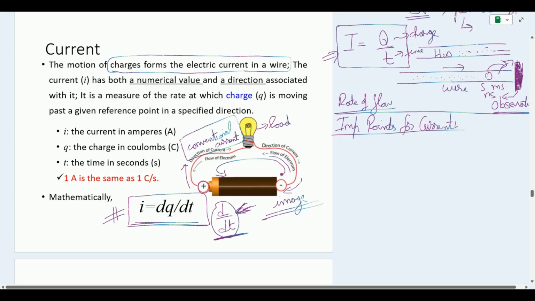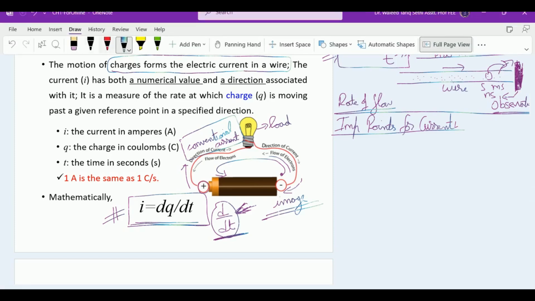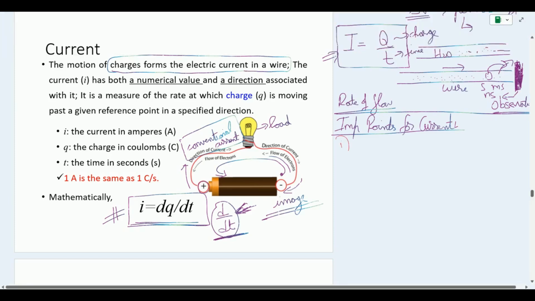The first point is that every current, or each current, will have a value plus a direction. We will come to discuss this point.